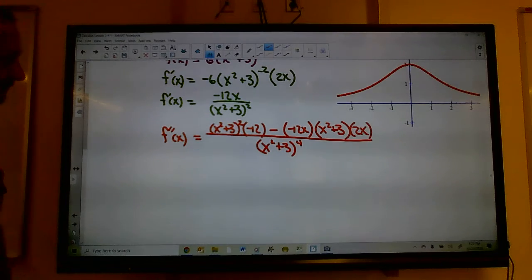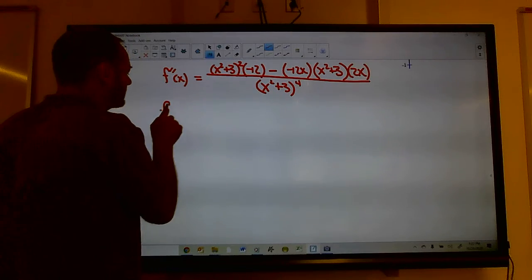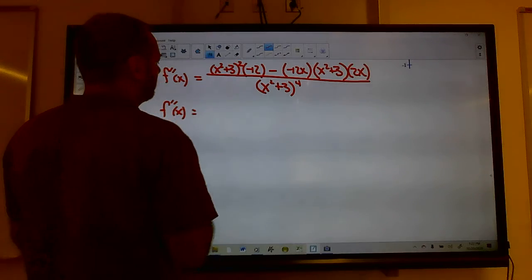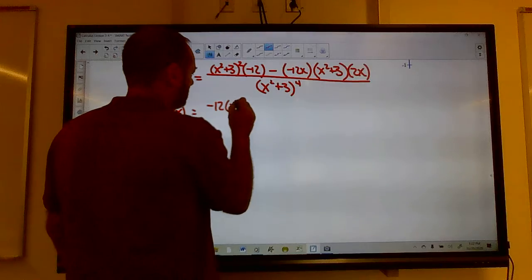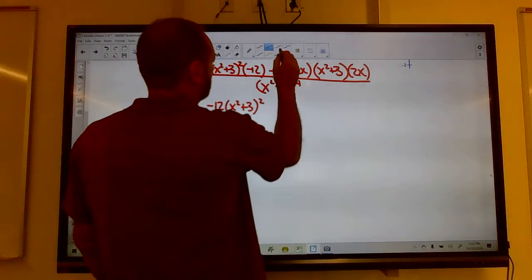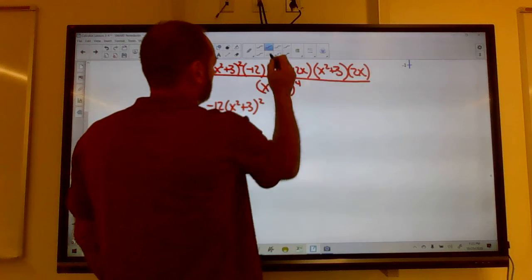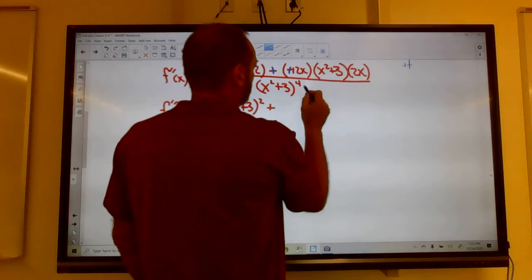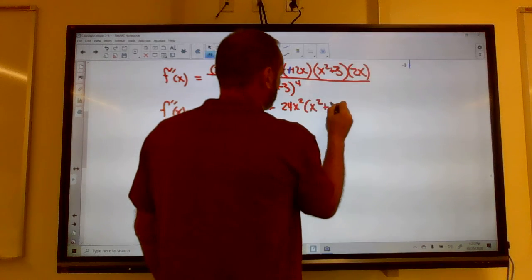Yeah. Okay, so we have to play around with this and clean this up a bit because this is a bit of a mess. Let's see. I'm going to put my negative 12 out here in front. And let's see, we can cancel those negatives, so this is going to be a plus. We've got a 24 times x squared plus 3.